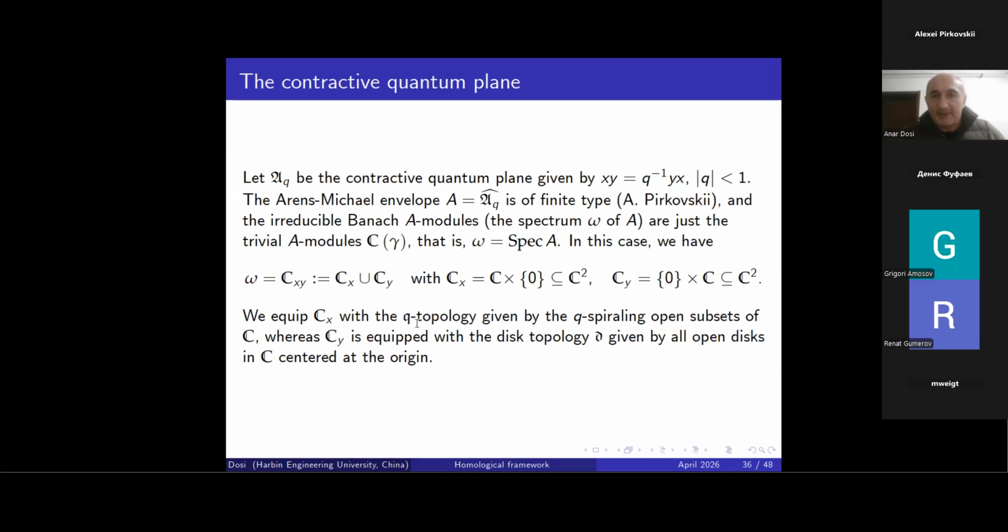It has a left line and a right line. The left complex line can be equipped with the q topology. Again, I had a talk about it: q spirals and open sets. On the right, we can take just open disks centered at the origin. So left with the q topology, right with the disk topology, all are non-Hausdorff topologies.